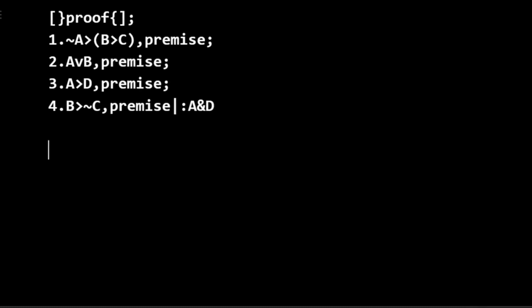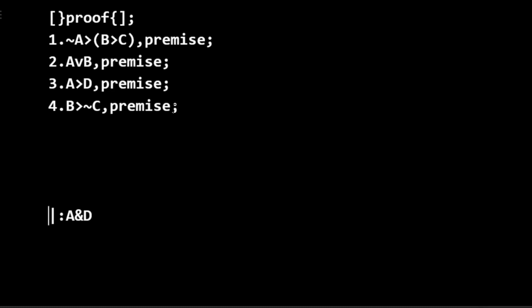Think, okay, I'm going to negate the conclusion that we're trying to derive. That's the most non-sophisticated way of employing indirect proof: just suppose the negation of the conclusion you're trying to derive and see if you can actually derive a contradiction.